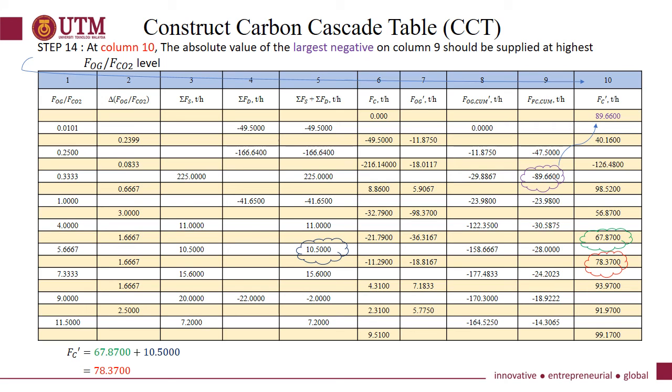The value of 78.37 from column 10, which is circled with red color, is obtained by the sum of the value before it at column 10, which is 67.87 circled with green color, with the net interval carbon flow rate from column 5, which is negative 18.8167 circled with blue color. The carbon cascade table in the slide shows the result after finishing cascading for column 10.